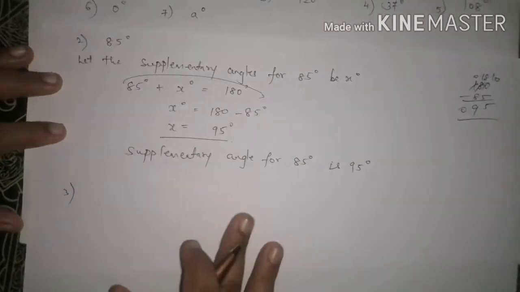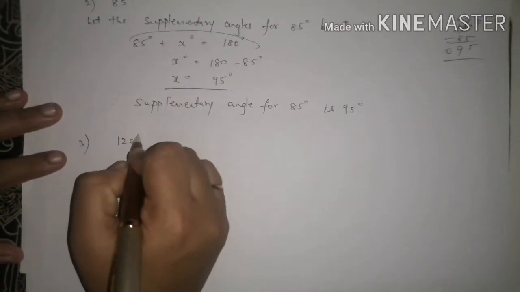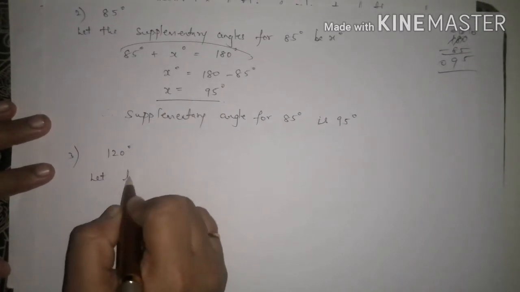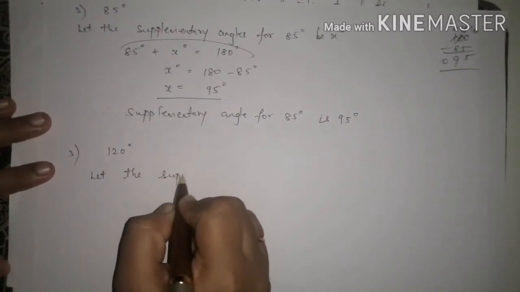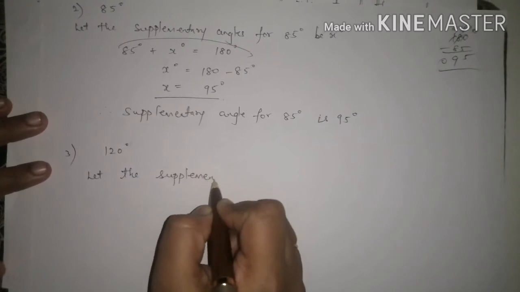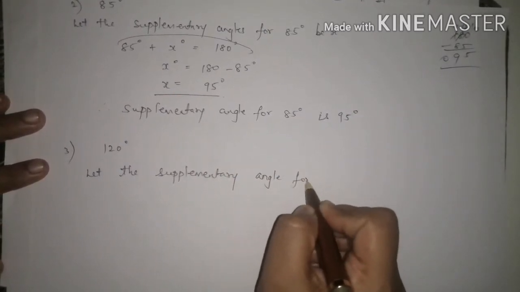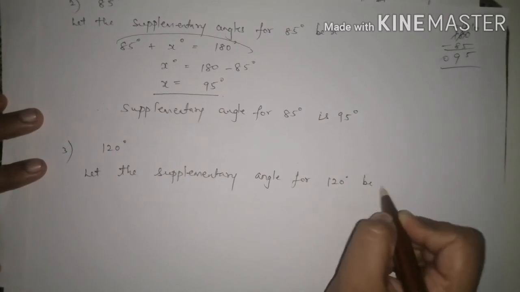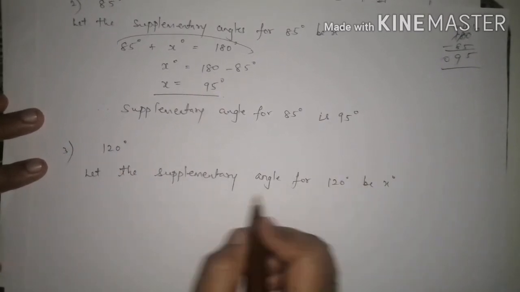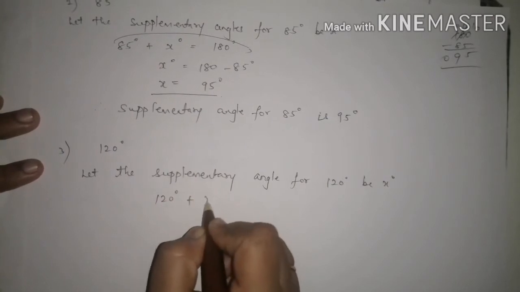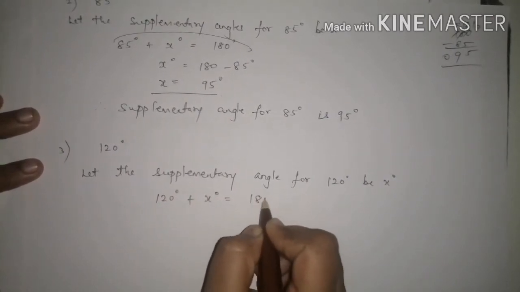See, the third one is 120 degrees. Let the supplementary angle for 120 degrees be x degrees. So add this: 120 plus x degrees is equal to 180 degrees.